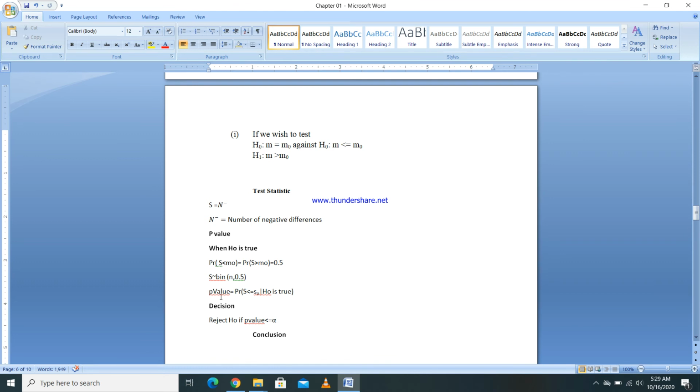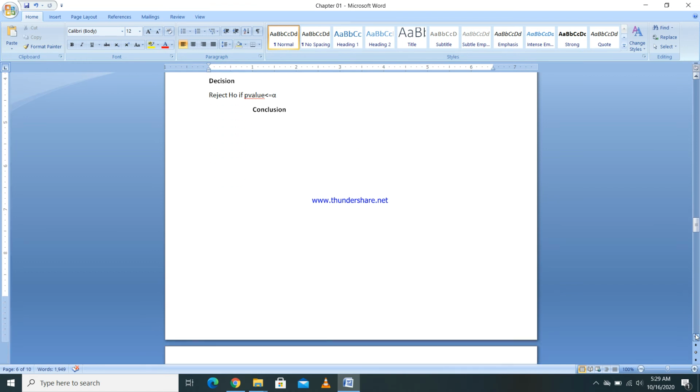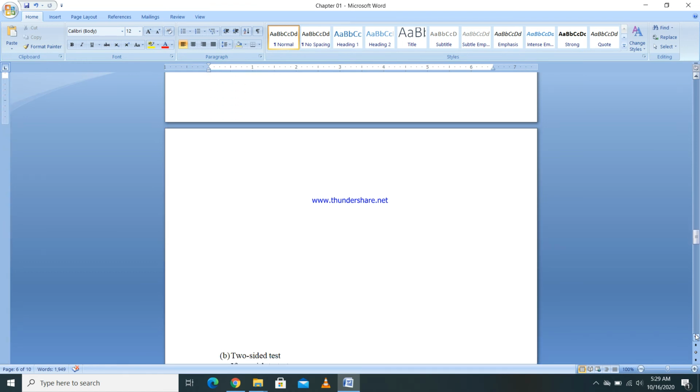So the p-value is calculated using the same procedure, that is equal to the probability that your test statistic is less than or equal to the observed value of S, given that H naught is true. Then again you take the decision to reject H naught if the p-value is less than or equal to alpha. Based on the decision you can take the conclusion.